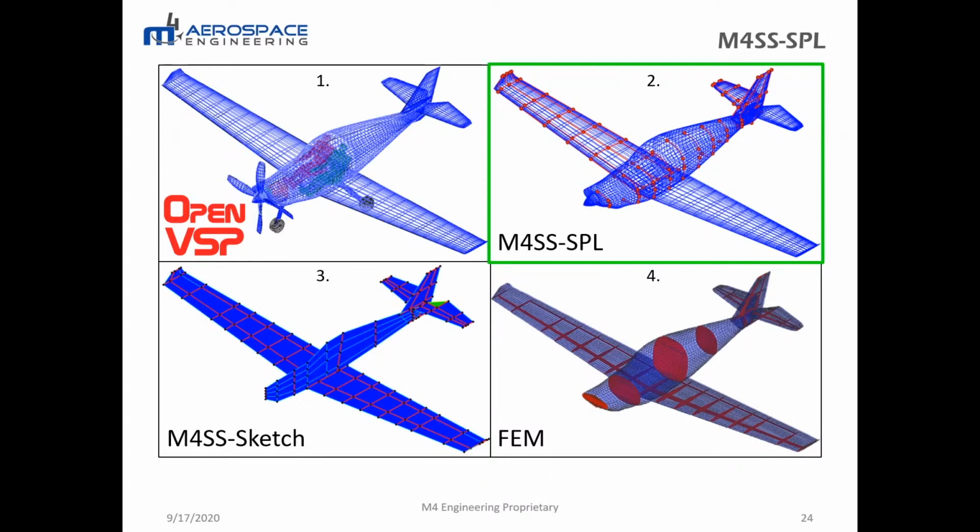Then in the sketch point layout tool, sketch points are added to the OpenVSP vehicle, and that's what I'll be talking about during this session. After that, the sketch point layout is converted to the sketch model. In the sketch model, all the structural, aerodynamic, and load cases are defined. And then finally, that sketch model is used to automatically generate a Nastran-ready finite element model.